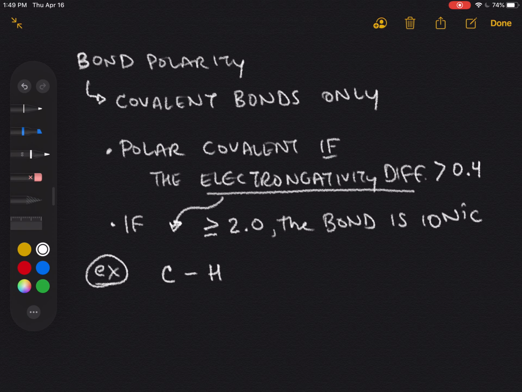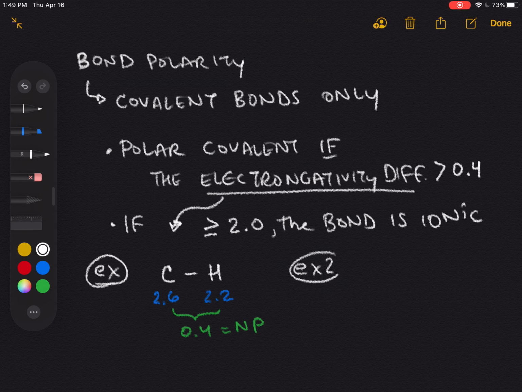For hydrogen, the value it shows is 2.2. And for carbon, I see about 2.6. So with a difference of 0.4, the conclusion is that this is a nonpolar covalent interaction.